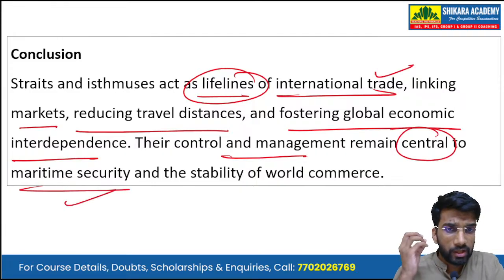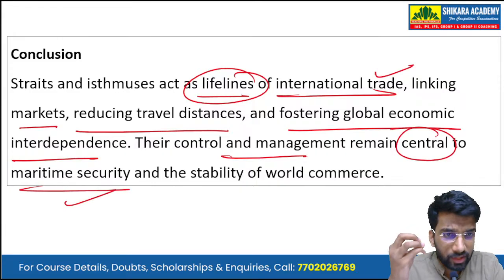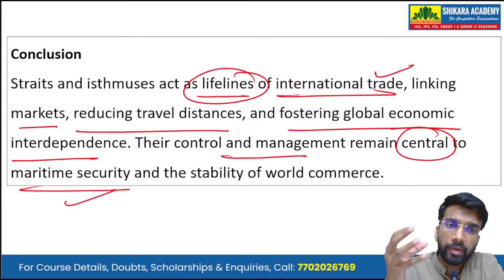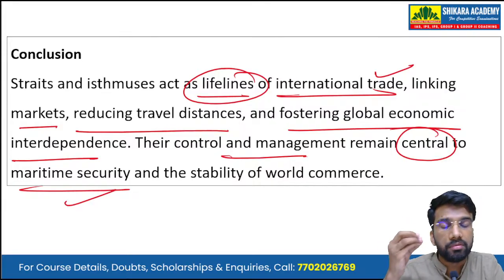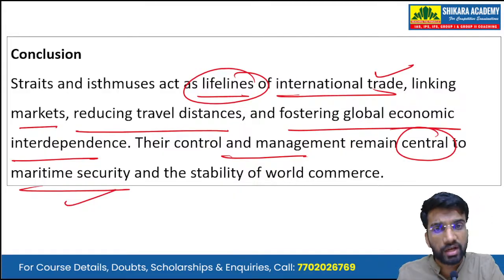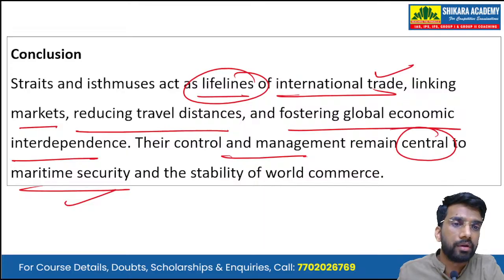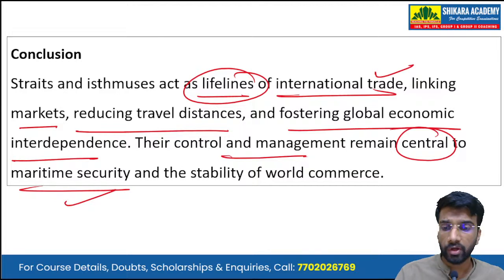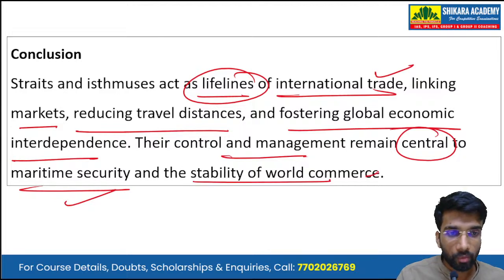Safeguarding the trade routes is the number one priority of maritime security, and safeguarding the straits, the isthmuses, and the associated canals is of paramount importance in maritime security, and it is also very crucial for the stability of global trade and commerce.